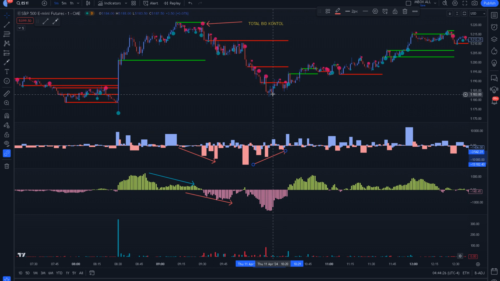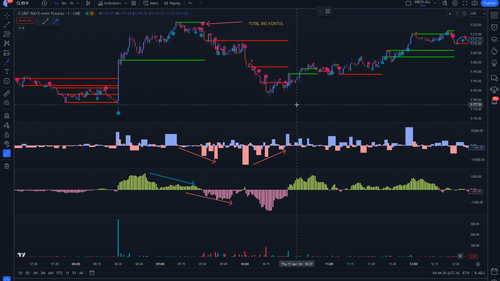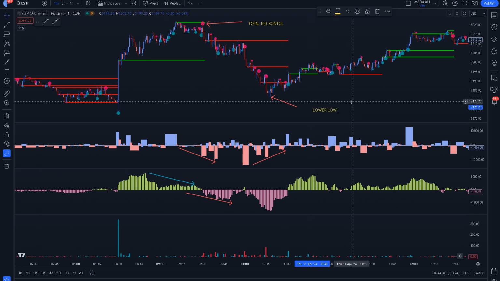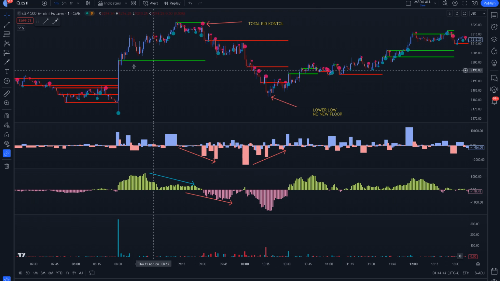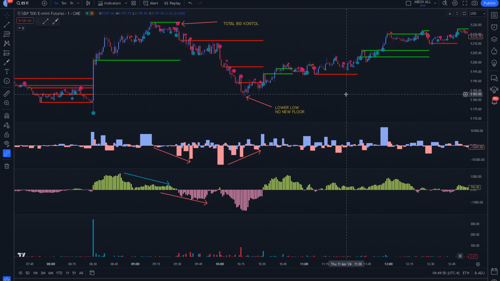Again, we saw this here, and this happens all the time. Lower low, no floor. Again, it's like clockwork. And guess what happens? We have a reversal and price goes up. So we have defined market structure once again.